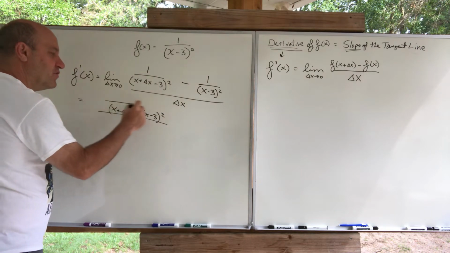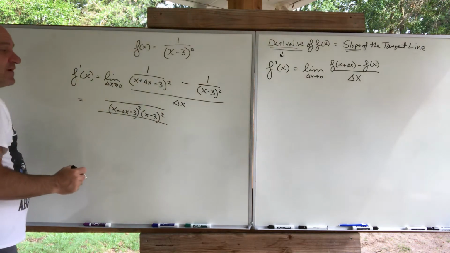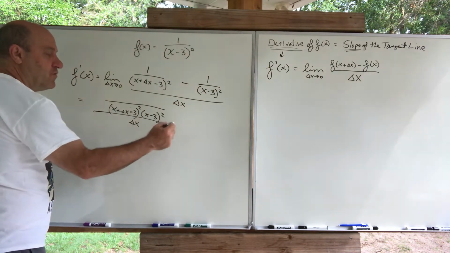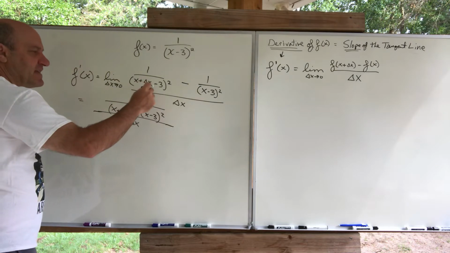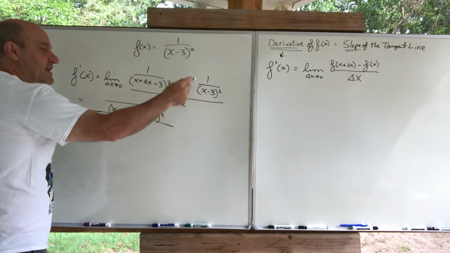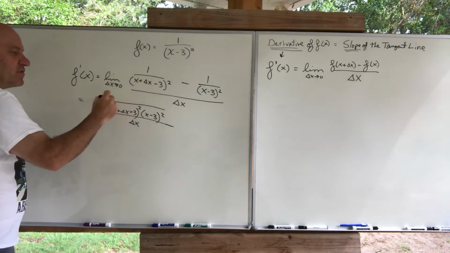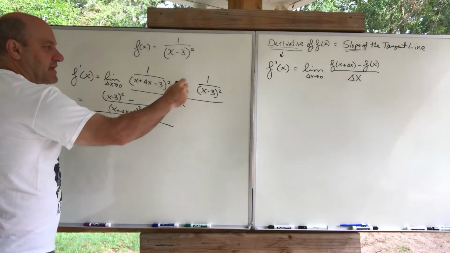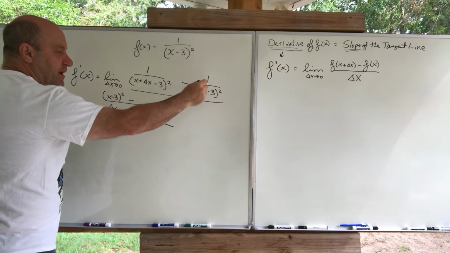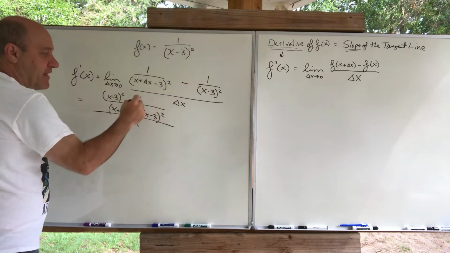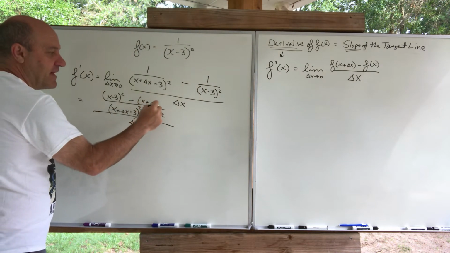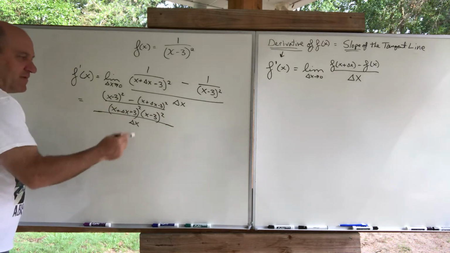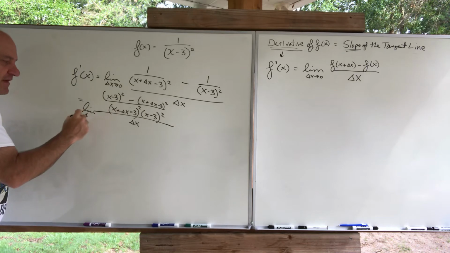And the new numerator, and it's all over delta x, remember? The new numerator is going to have, let's see, what does he need to get a common denominator? Oh, he needs the x minus 3 squared. Minus, that's that minus sign, and then what does he need? His new numerator will be this guy, x plus delta x minus 3 squared. Wow, that's a challenge. And there's the limit as delta x goes to 0.